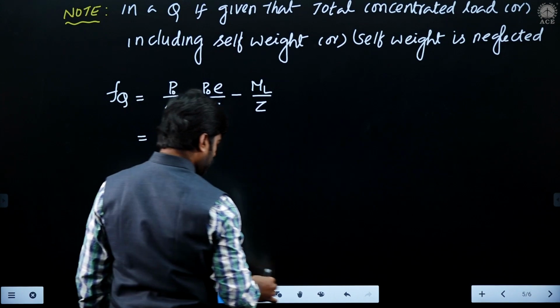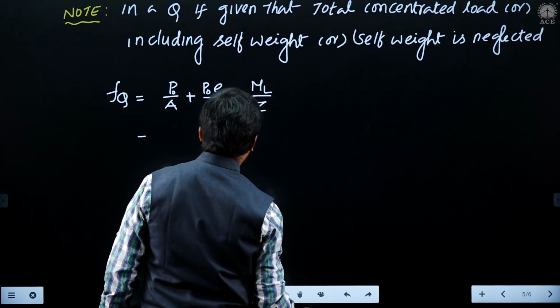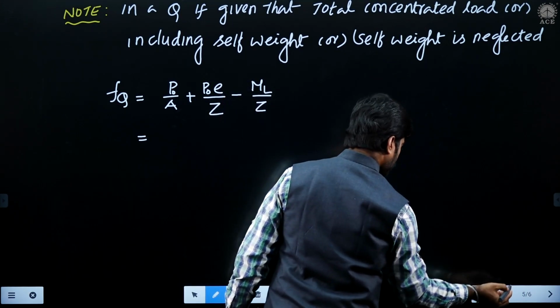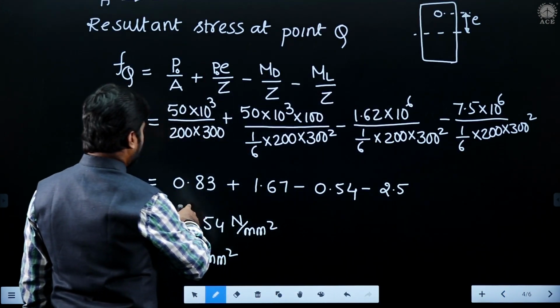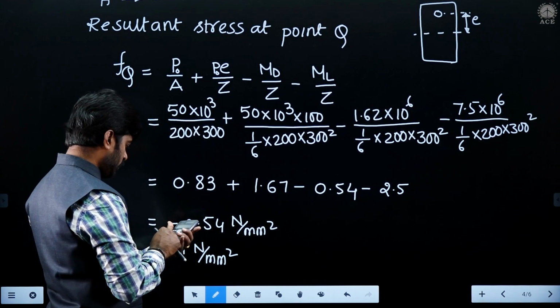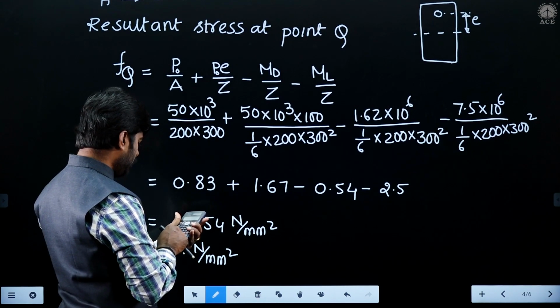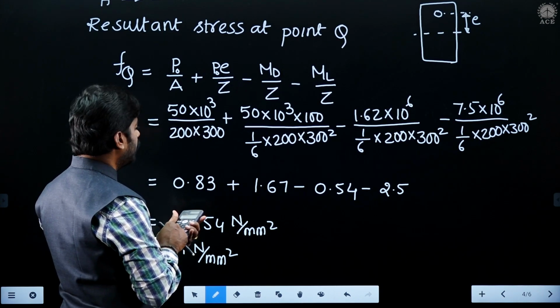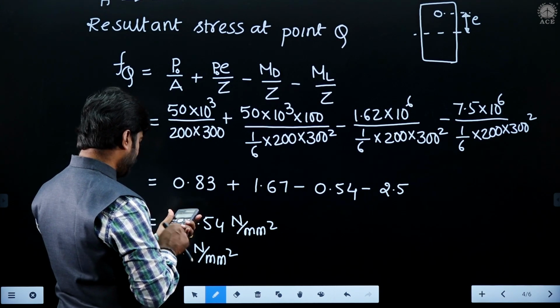Okay, then what is the answer? P naught, wait, previously, yeah, 0.83 plus 1.67 minus 2.5.